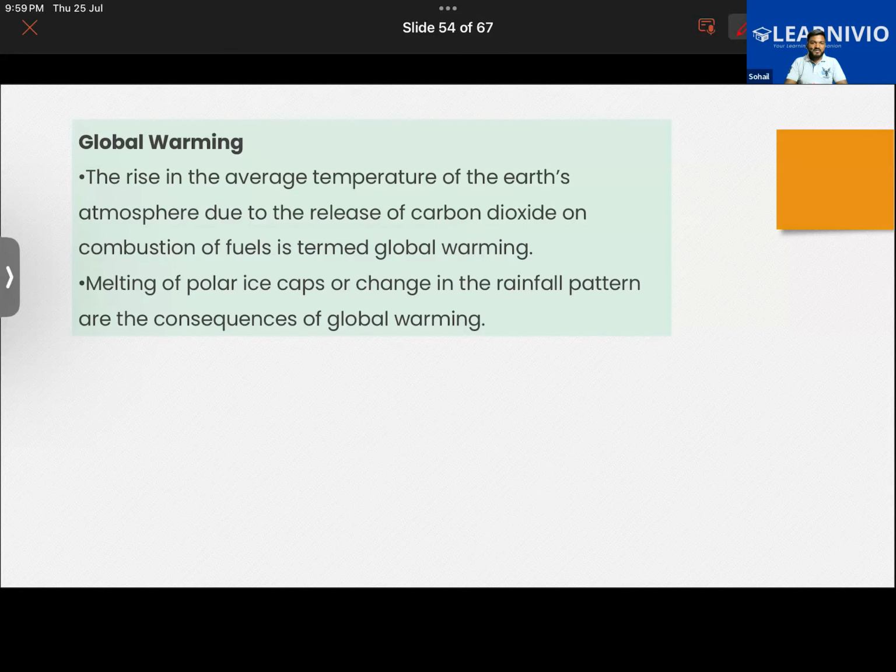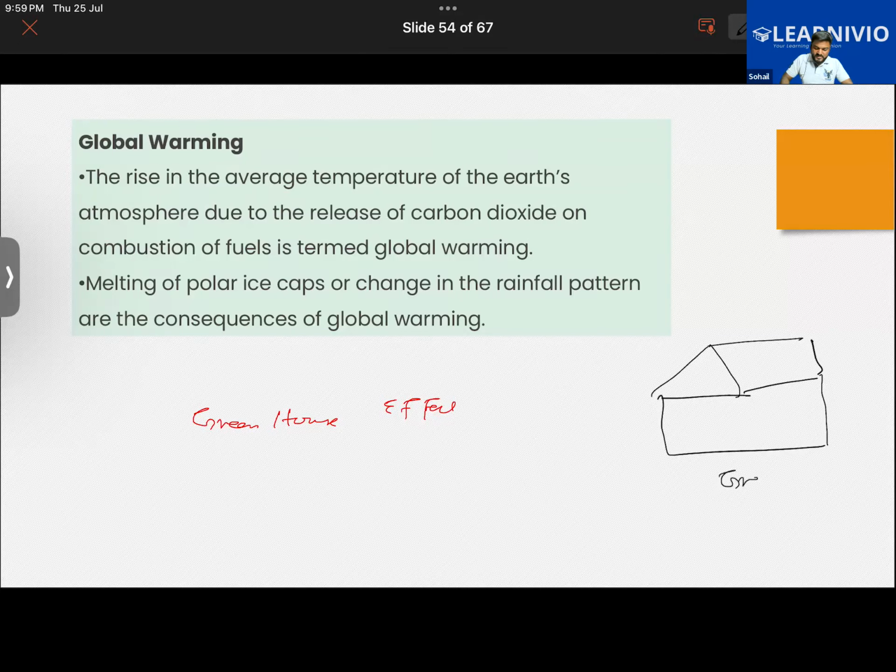The main culprit behind this is the greenhouse gases, namely carbon dioxide gas. Apart from that, there are some other gases also like chlorofluorocarbons, which we learned in the previous classes, right? So greenhouse effect, as you know, in one of the classes we did learn about greenhouse.